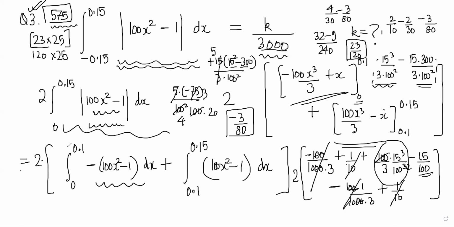Anyway, the point is when we do a question, try to do the calculations as fast as possible. Notice how I simplified. I wrote 0.15 as 15 by 100. Everywhere I kept writing powers and all like this. Everywhere I kept simplifying by cancelling powers, not by calculating decimals. Don't try to calculate with decimals.